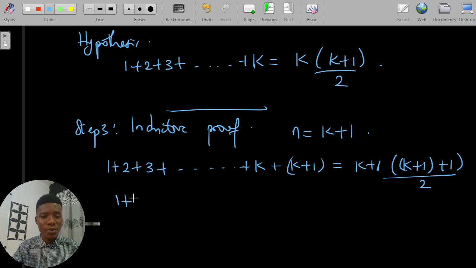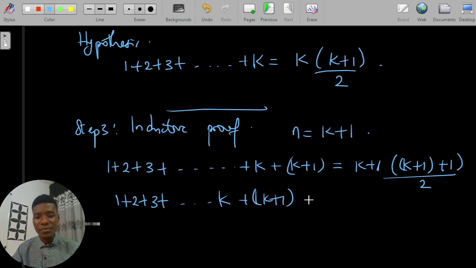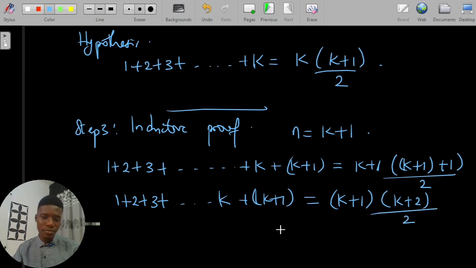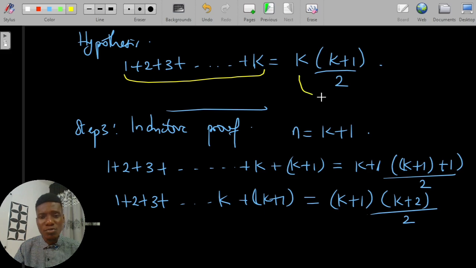So in this case, let's simplify the right hand side. So we have 1 plus 2 plus 3 plus up to k plus 1 equals k plus 1 into brackets k plus 2 over 2. Now let's go back to this aspect. We can deduce that everything here is equal to everything on the right hand side. So we can bring that in by replacing everything here with this.